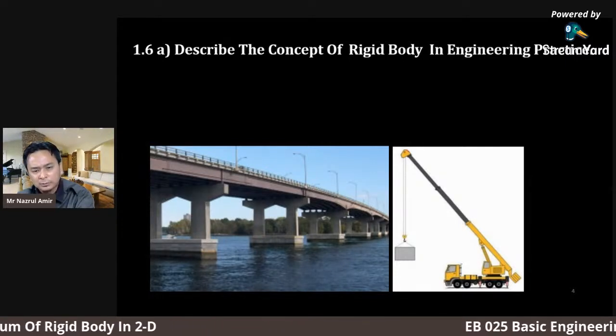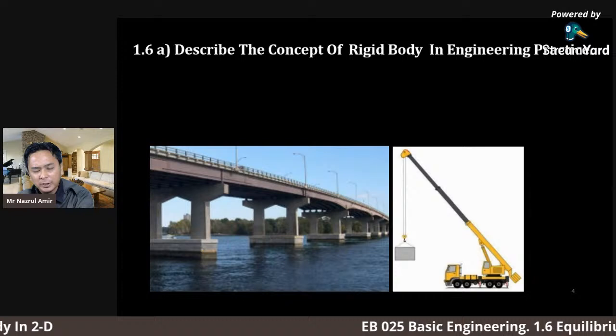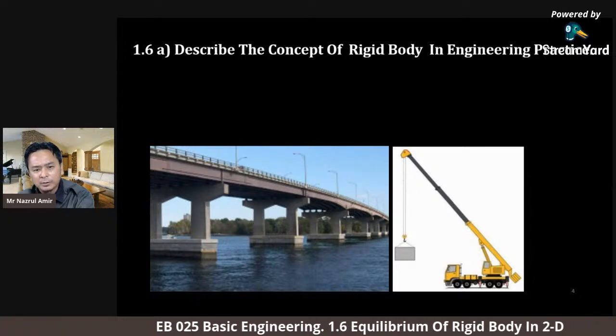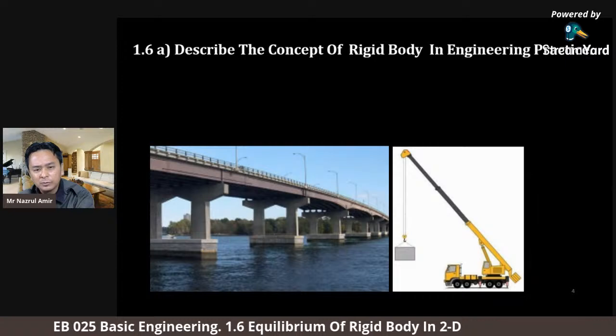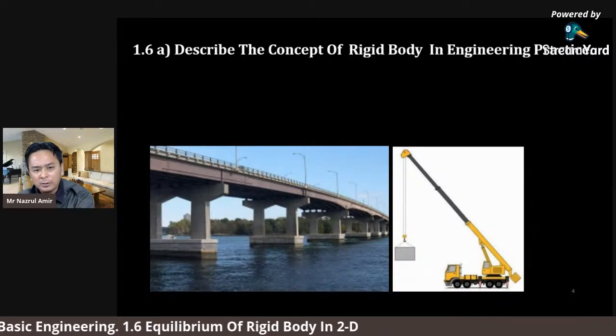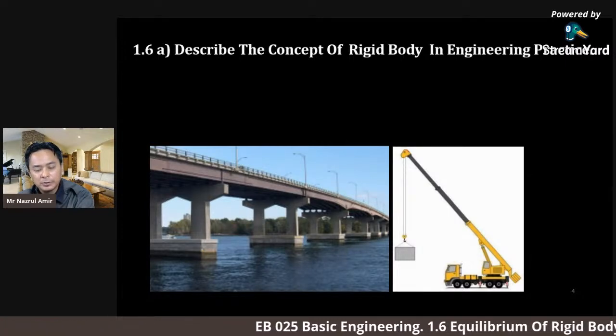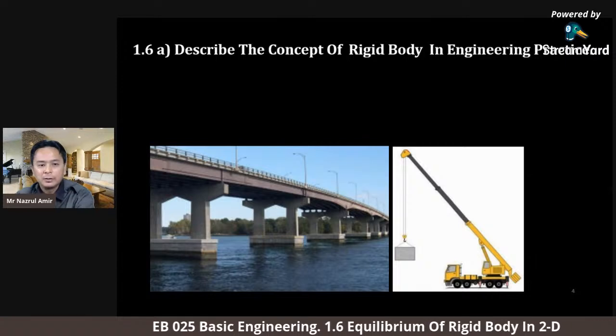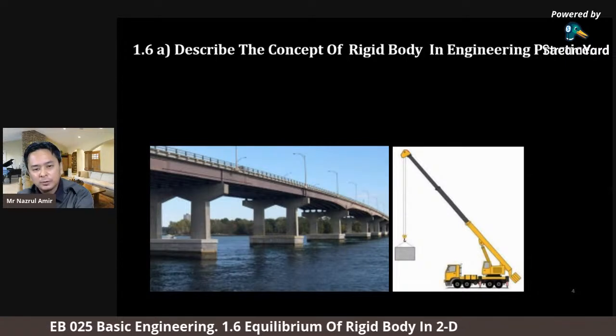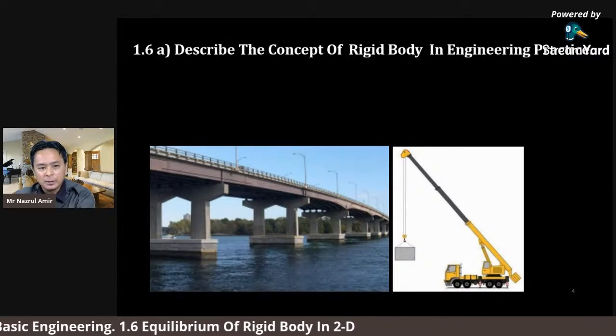In order to support various types of loading, of people, vehicles, and so on, including the weight of the bridge itself, it must be supported firmly by certain structures. You can see at the bottom side of the bridge, there are large structures here.